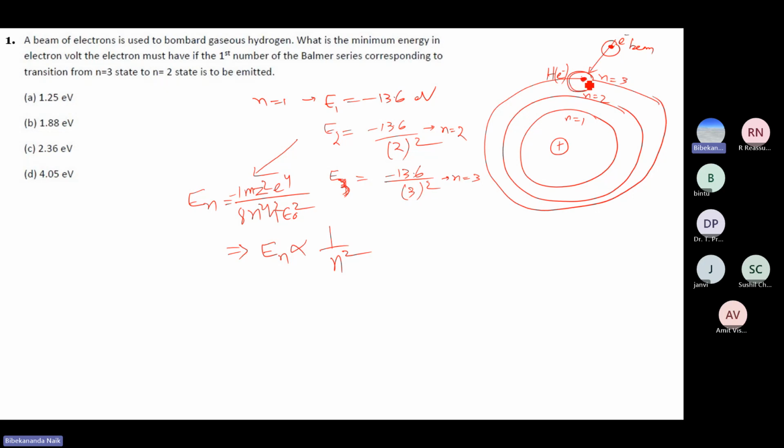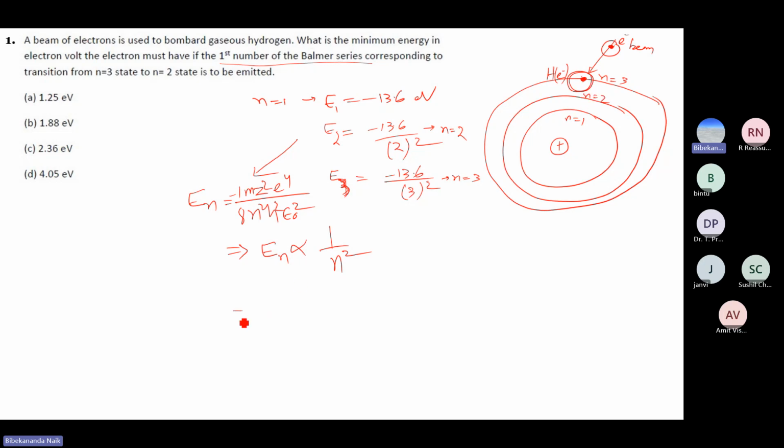And this electron needs to come to n equal to 2 state, because here there is the first member of Balmer series. We know Balmer series corresponds to any transition which occurs from a higher state to n equal to 2. So for the first member of Balmer series, the transition will be from n equal to 3 to n equal to 2. So this electron needs some energy so that it can come from n equal to 3 to n equal to 2, and this energy will be equal to the energy difference between these two energy levels.